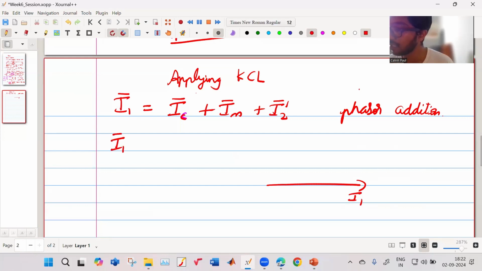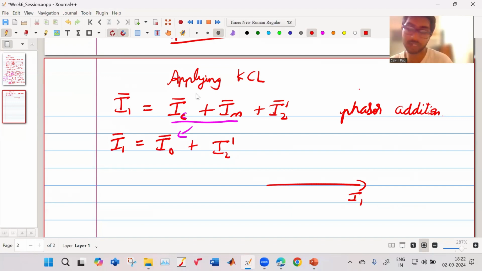So we can write I1 bar is equal to I0 bar plus I2 bar. We just add these together, it becomes my I0 bar. I0 bar is also known as my no load current because it is the current which will flow when the transformer is at no load condition. So we have an I1 bar and an I0 bar.